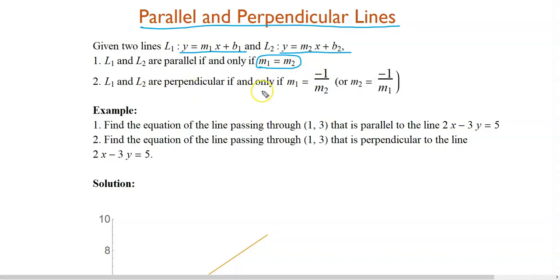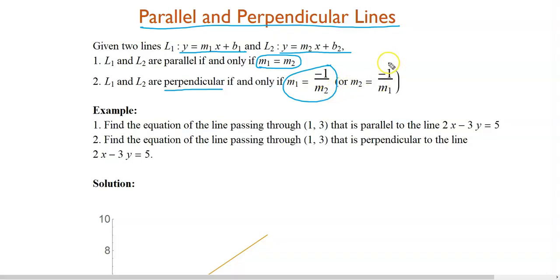Now this one's not immediately obvious, but it also happens that the lines will be perpendicular, crossing at 90-degree angles to each other, if and only if m1 is the negative reciprocal of m2. So m1 equals -1 divided by m2.